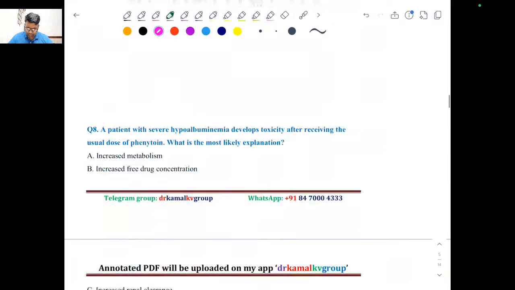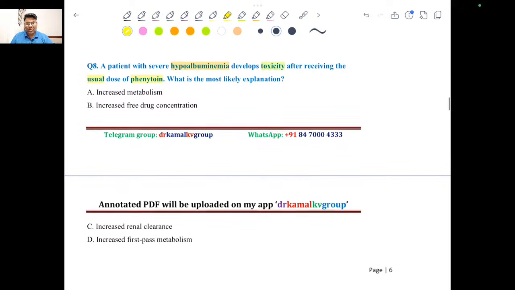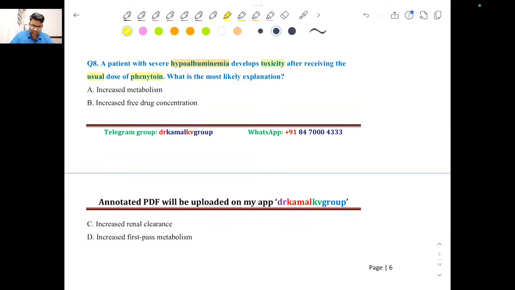Okay. Next question. A patient with severe hypoalbuminemia develops toxicity after receiving the usual dose of phenytoin. Now what can be the explanation for this? Now what is happening? The usual dose of phenytoin is given to a patient, right?